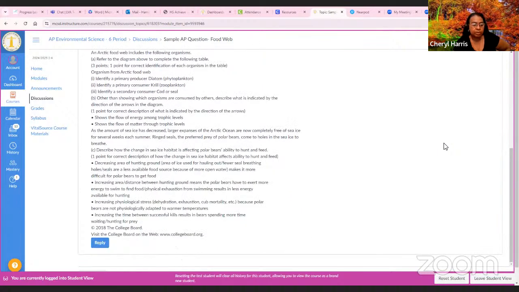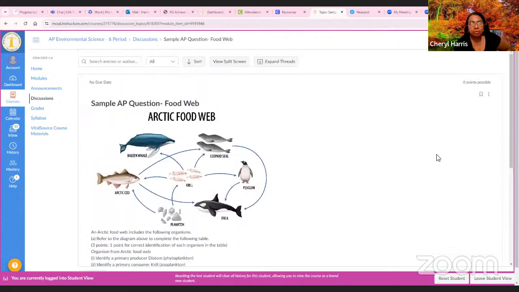Did I put, I don't think I put the grade in there. So let me revisit that and make sure that that is the way it should be. I know it's in the grade book, I just need to make sure I did it right.